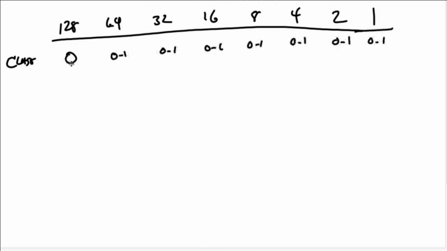So that means at the lowest value, it could be 0. At the highest value, if I set all of these to 1, that means it would be 64 plus 32 plus 16 plus 8 plus 4 plus 2 plus 1, which would add up to 127.